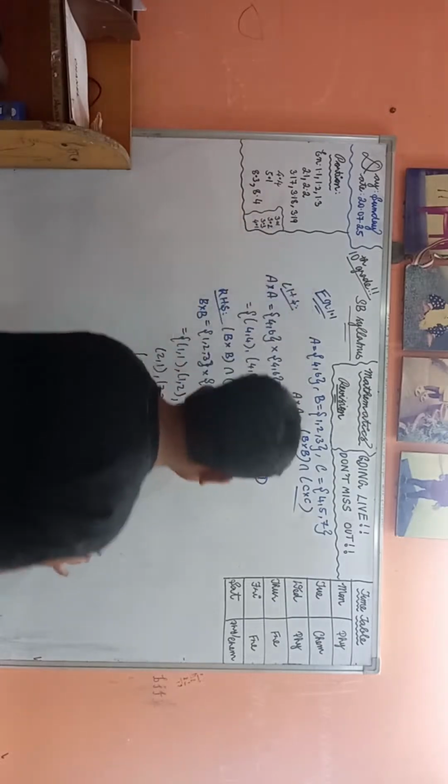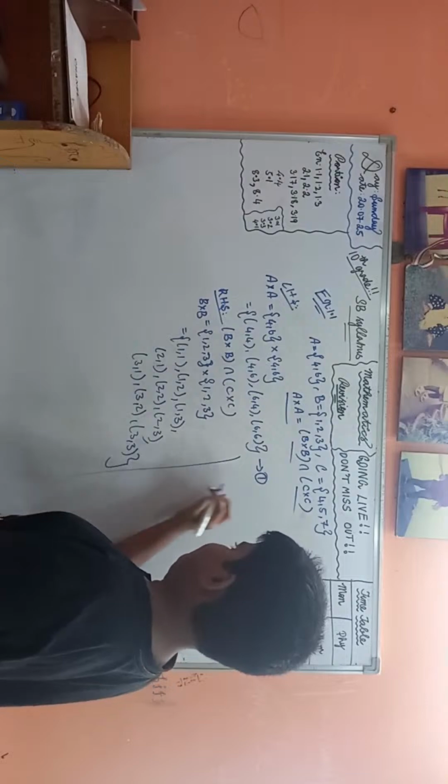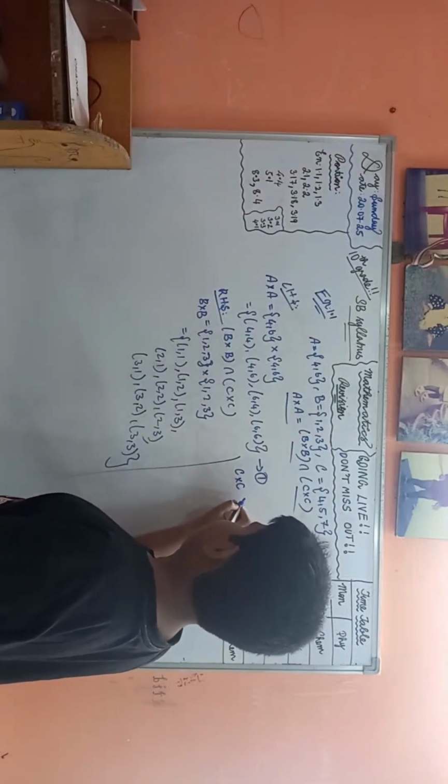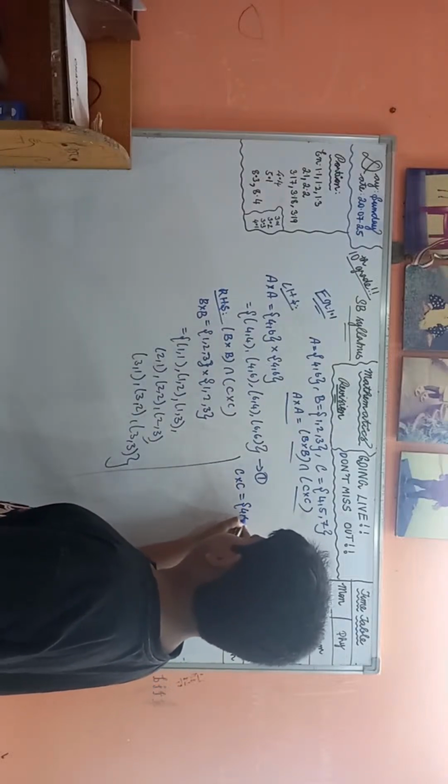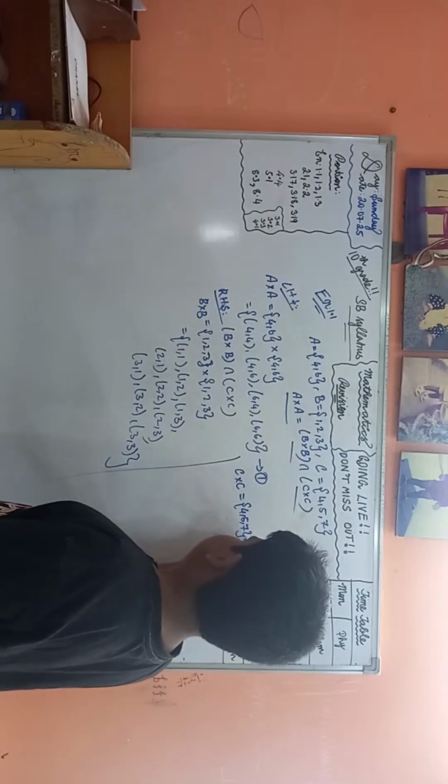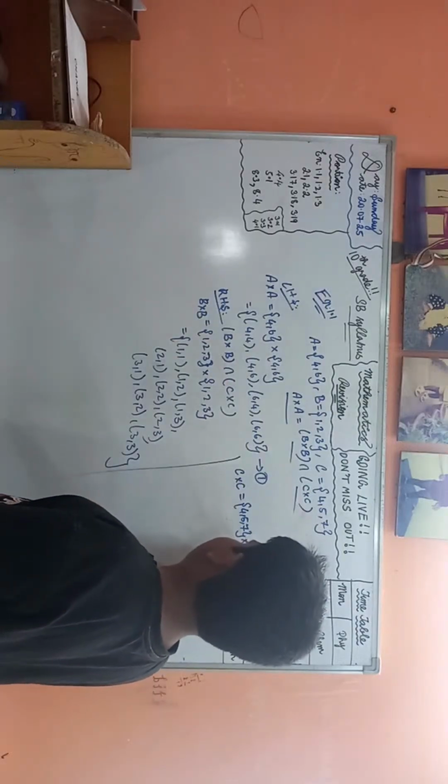Now let's find C into C: 4, 5, 7 times 4, 5, 7.